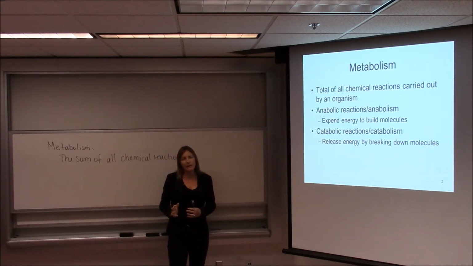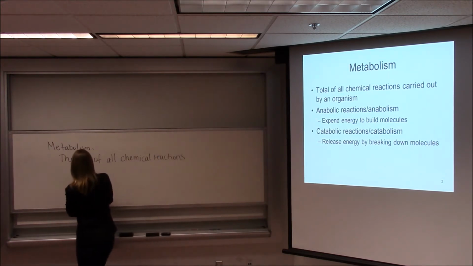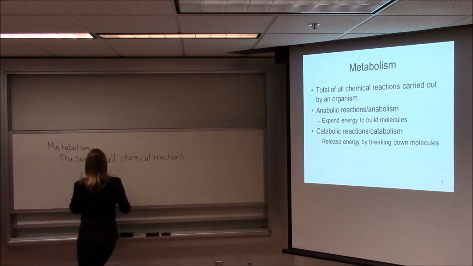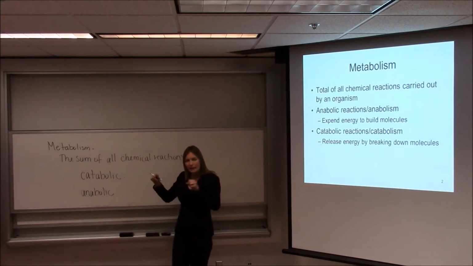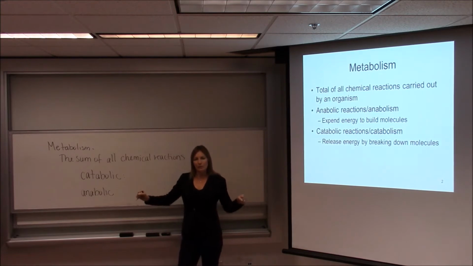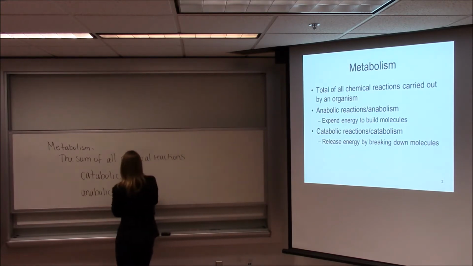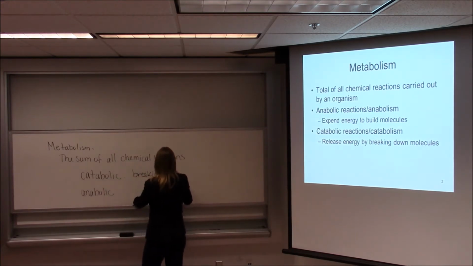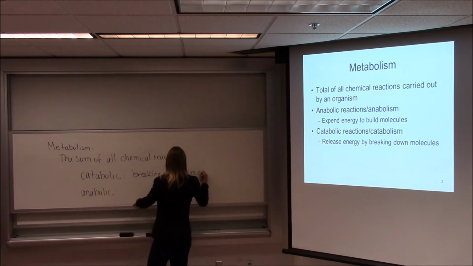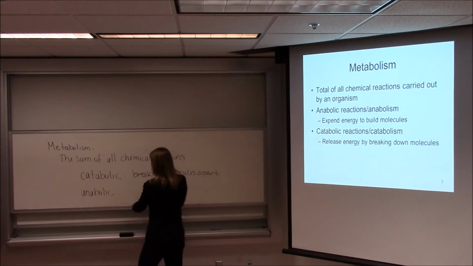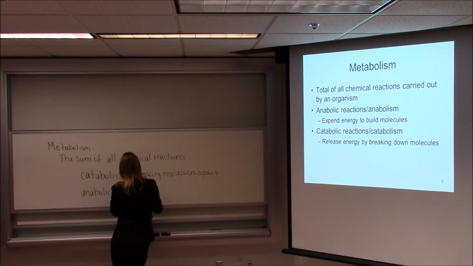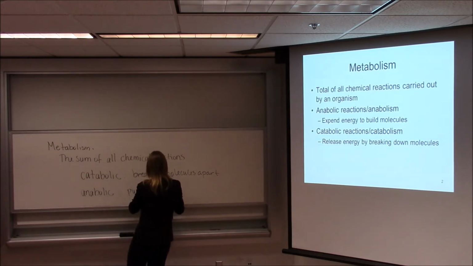And we can really divide metabolic reactions into two categories. We have what are called catabolic reactions, and we have what are called anabolic reactions. Catabolic reactions are going to be breaking things apart, and anabolic are going to be putting things together. So catabolic, this is going to be breaking molecules apart, and anabolic, this is going to be putting molecules together.